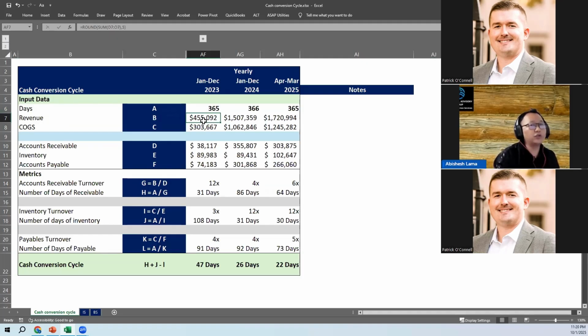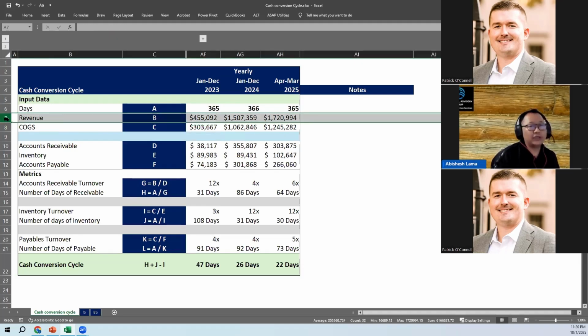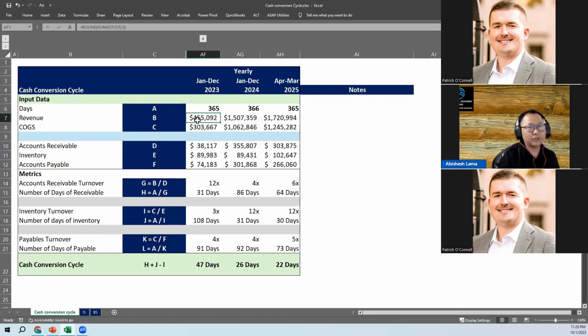You could also do it for a shorter period. Suppose you'd want to compute it on a quarterly basis. In that case, these would be 90 days, 90 days, 90 days. And the revenue that you would take would be only for the relevant quarter. Suppose you're doing as at December on a quarterly basis, you take October, November, and December, the last 3 months of revenue, and the balance as at December.